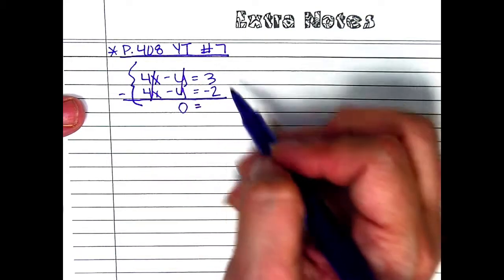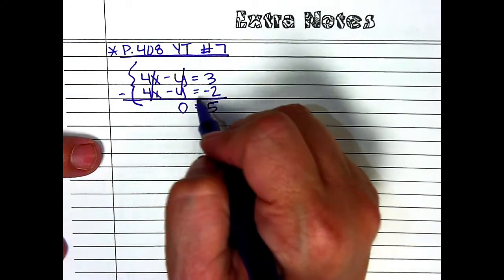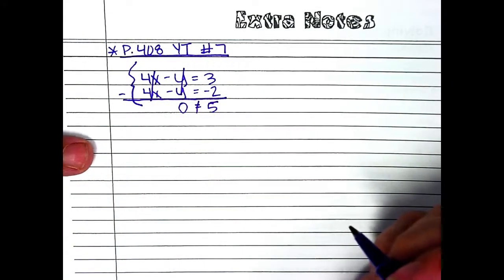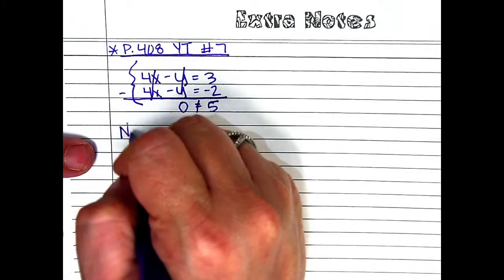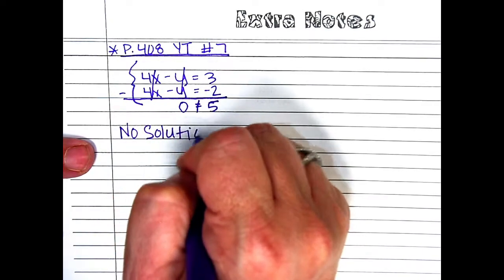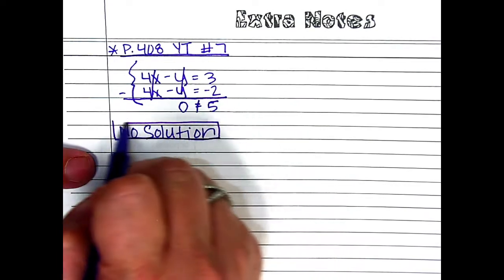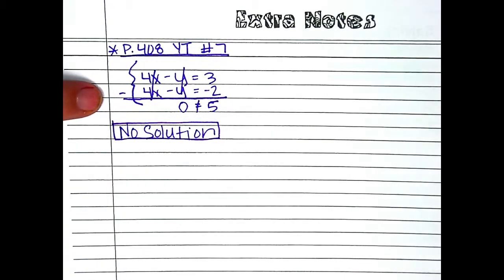And 3 minus negative 2 is 5. And we know that is not a true statement. When you end up with that, your answer is no solution. Be careful when you're subtracting that you're paying attention to any of the double negatives that you might run across. Okay, that'll make a difference.